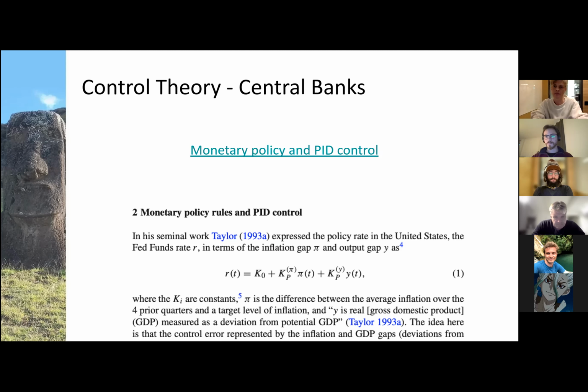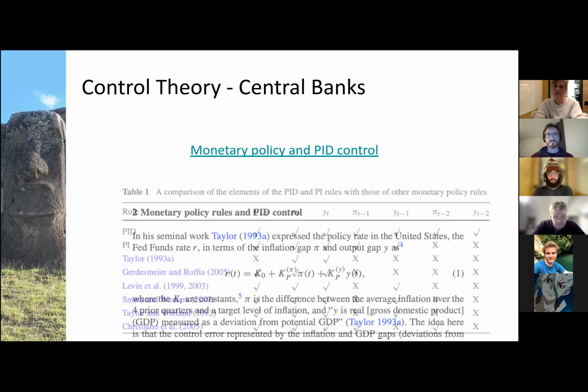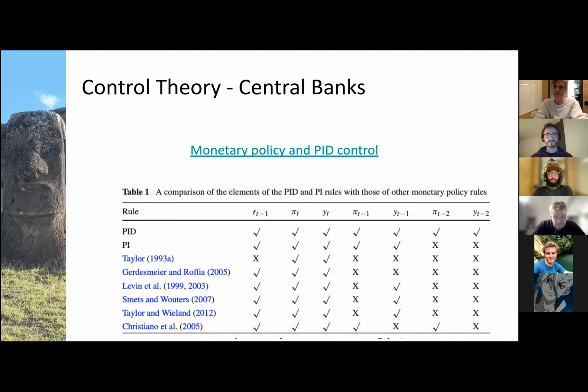The Taylor rule is a famous monetary policy rule that predicts the interest rates based on something like the GDP and the current inflation in the economy. And this has been extended to many central bank monetary policy rules that can be expressed in the form of PID or PI control.